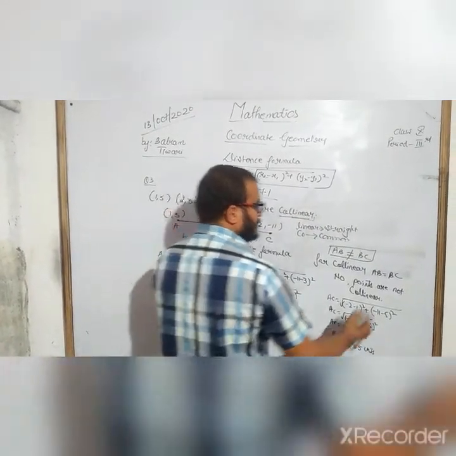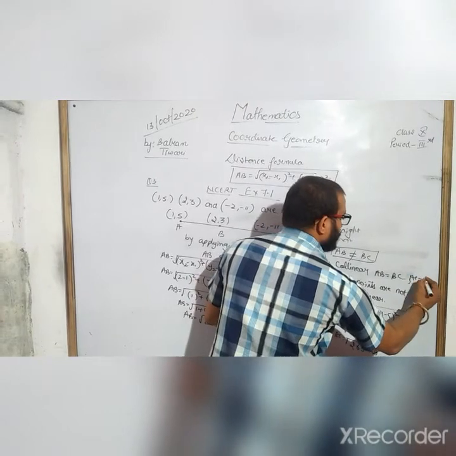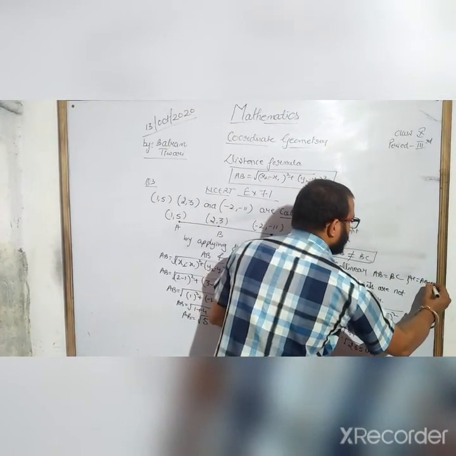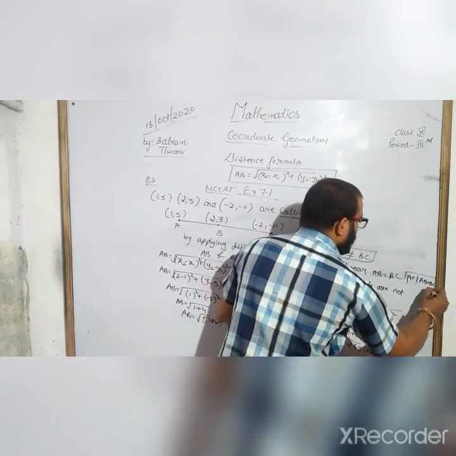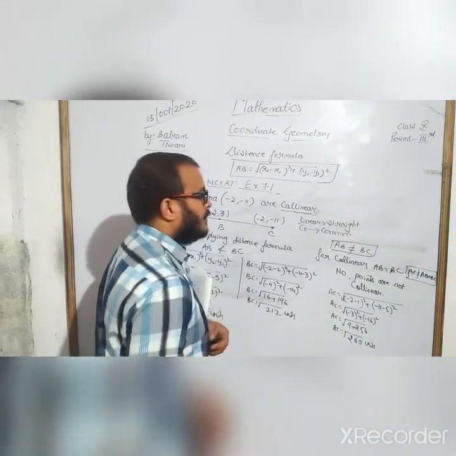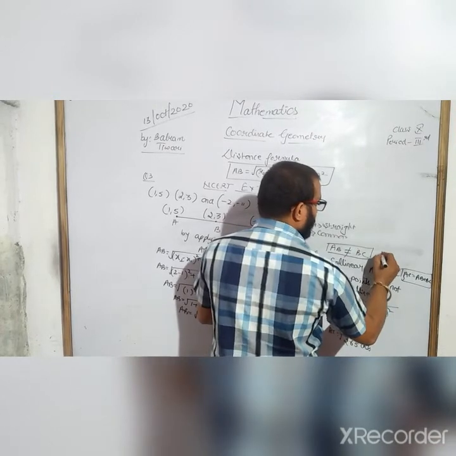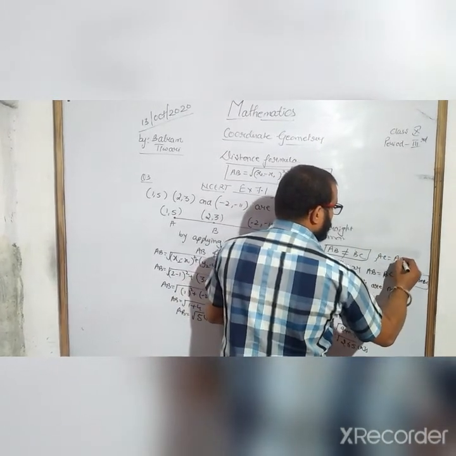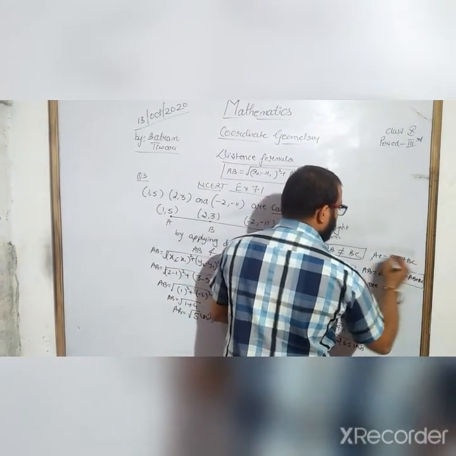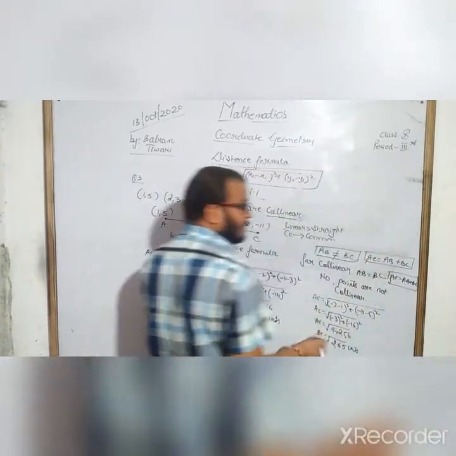There is one more condition: AC must be equal to AB plus BC for collinear points. But here AC is not equal to AB plus BC. Hence the points are non-collinear.